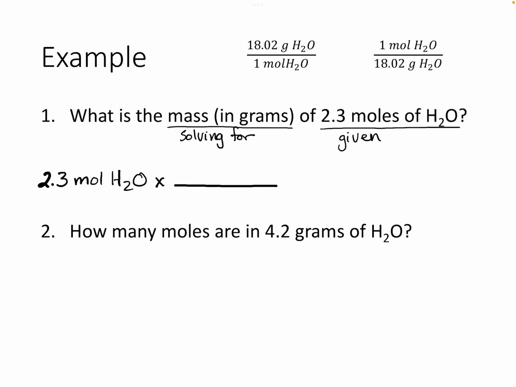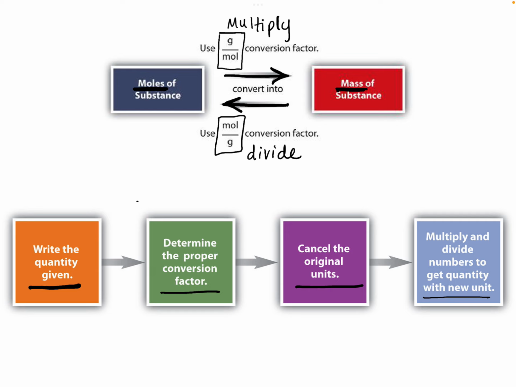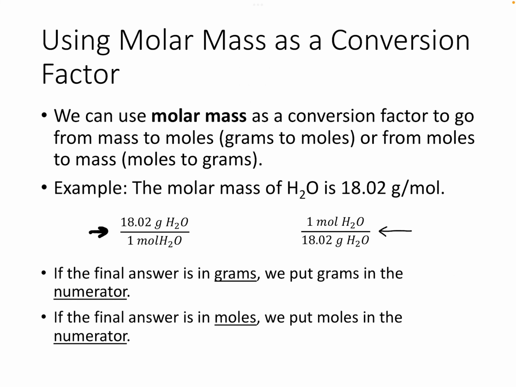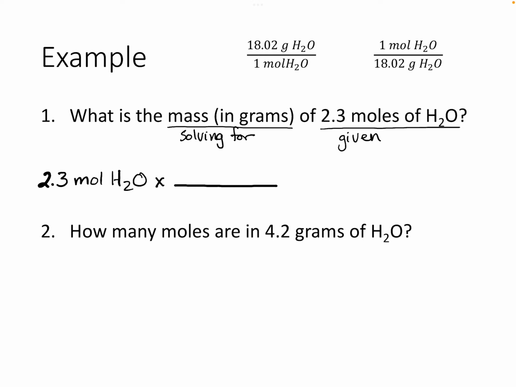And remember, in our chart, if we're going from moles to mass at the top there, we want to multiply by the molar mass. We also saw that on this slide. If the final answer should be in grams, which in this case that is the case, we put grams in the numerator. So we're going to use this first conversion factor.